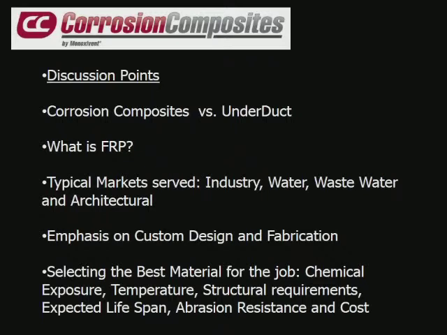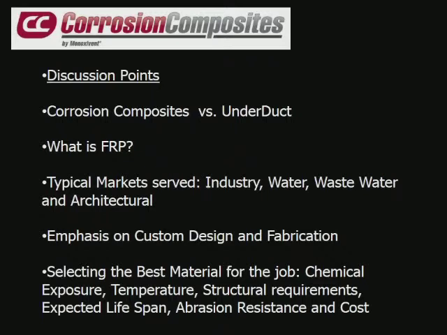So what is a composite? What is fiberglass? A composite is two or more different materials combined to make a new product that has new superior properties to the individual components. Think of concrete with rebar in it as another composite.